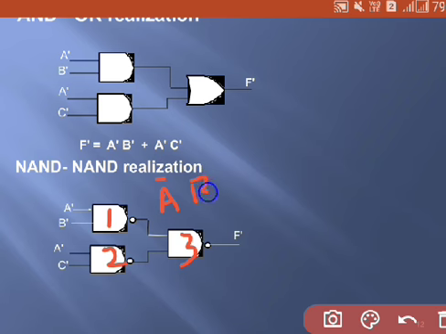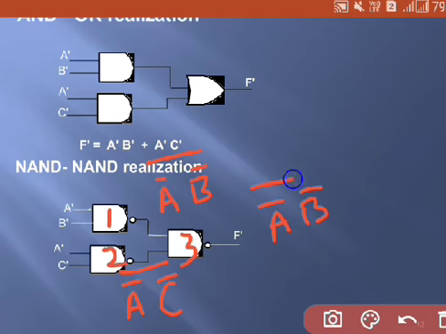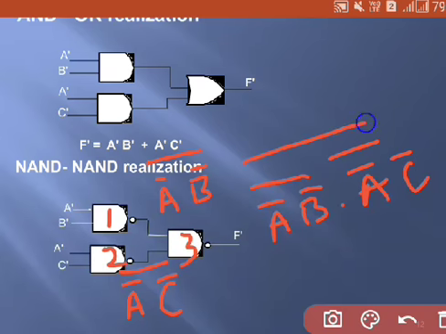A bar b bar whole bar, and the output of the second NAND gate will be a bar c bar whole bar, and the output of the third NAND gate will be a bar b bar whole bar into a bar c bar whole bar and then whole bar. So this is the output.